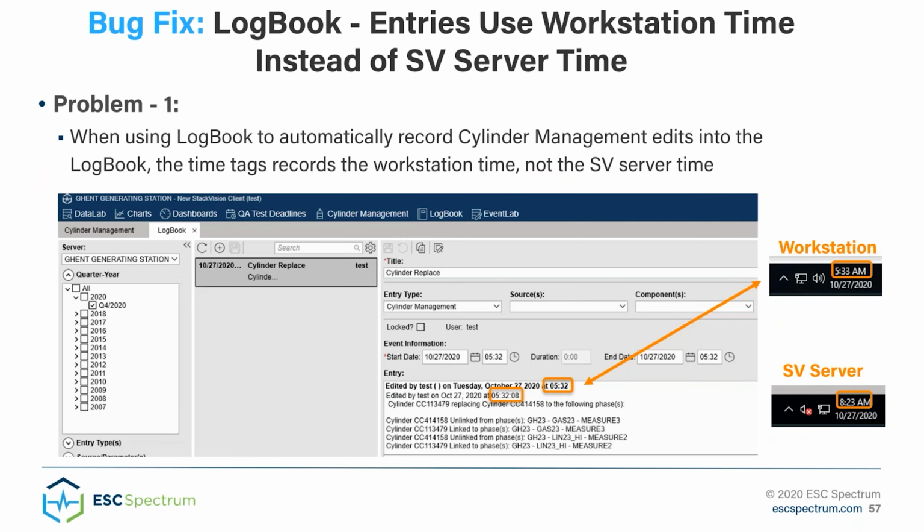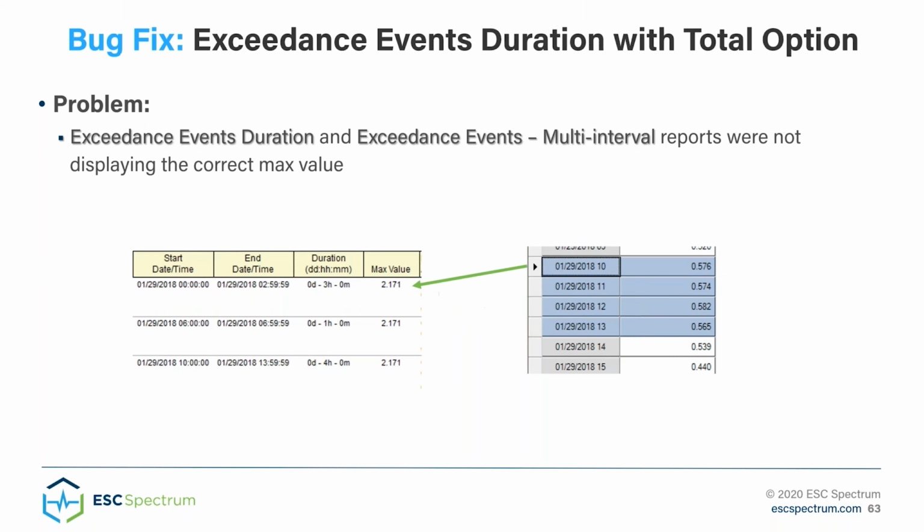Max value. Okay. Is this it? That looks like it. Yes, it looked like in previous versions, the max value report column repeated for different exceedance events. The value was not always correct.